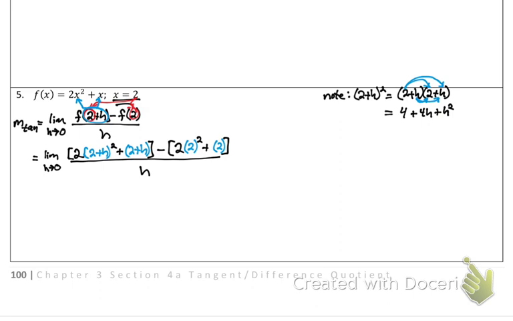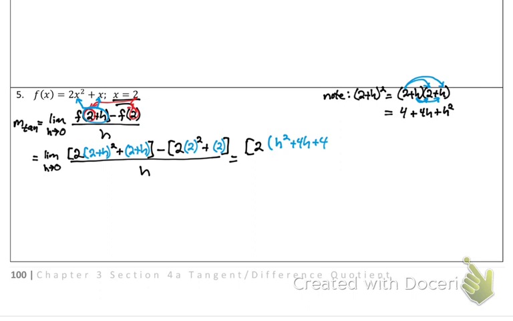I am going to rewrite this as h squared plus 4h plus 4. Actually, let's just keep going. So we now have a bracket. Don't forget about that 2 up front. I'm replacing that 2 plus h squared with h squared plus 4h plus 4.